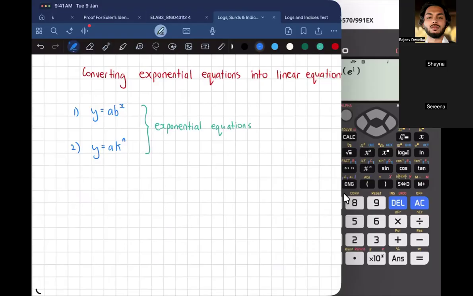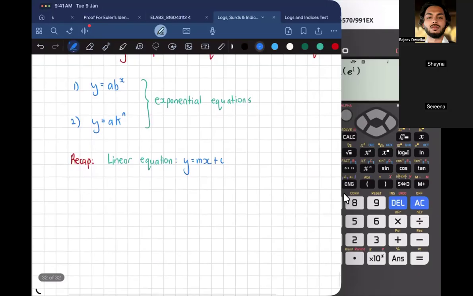Just a recap: a linear equation takes the form y is equal to mx plus c. So there's no power in a linear equation.